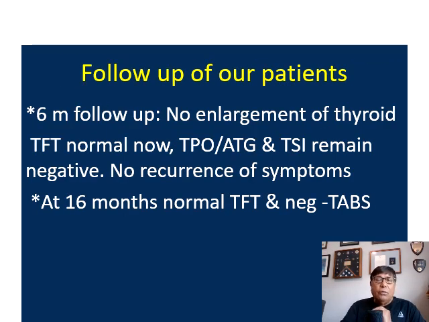Let's go back to the follow-up of our patient. At 6-month follow-up, the thyroid is back to normal, no enlargement, no tenderness. Thyroid function is now completely normal, free T4 and TSH, and we repeated the antibodies, TPO, ATG, and TSI, which were negative.